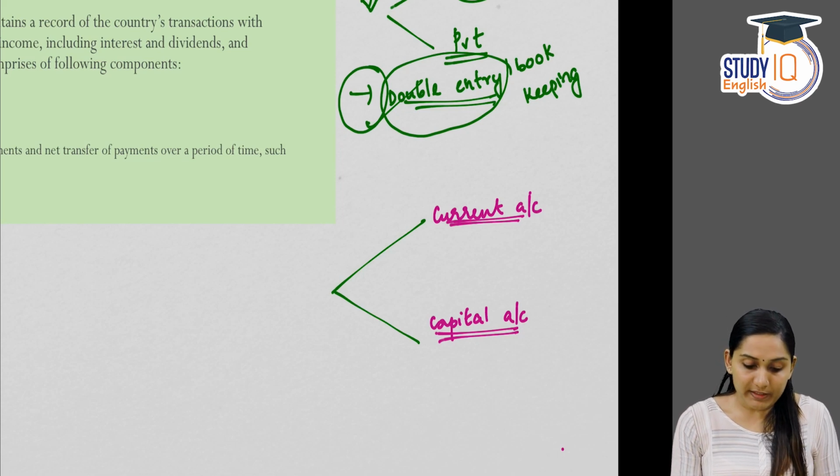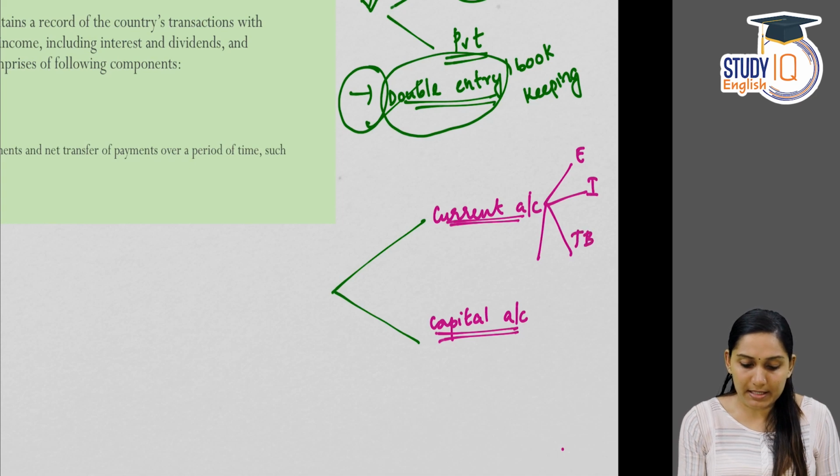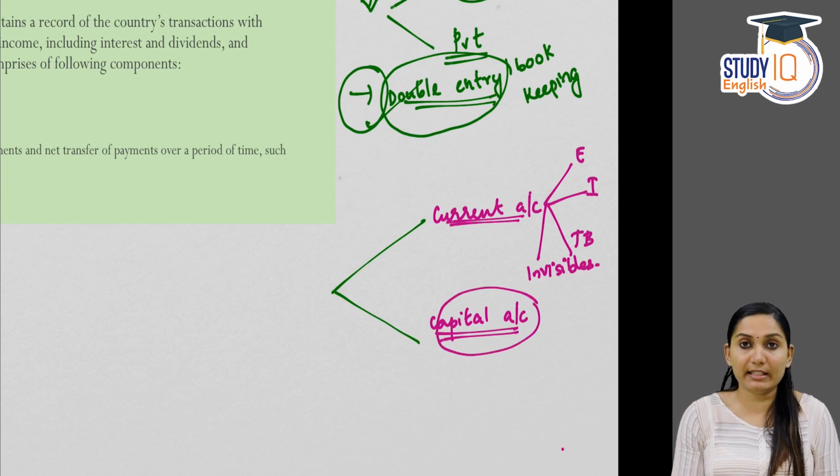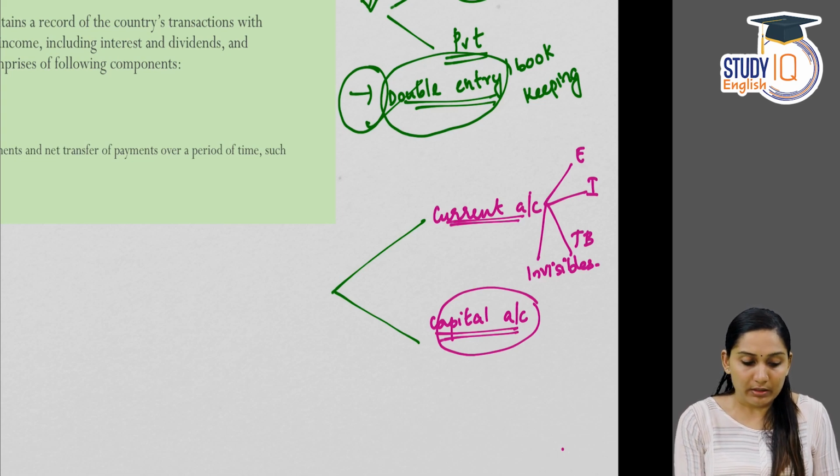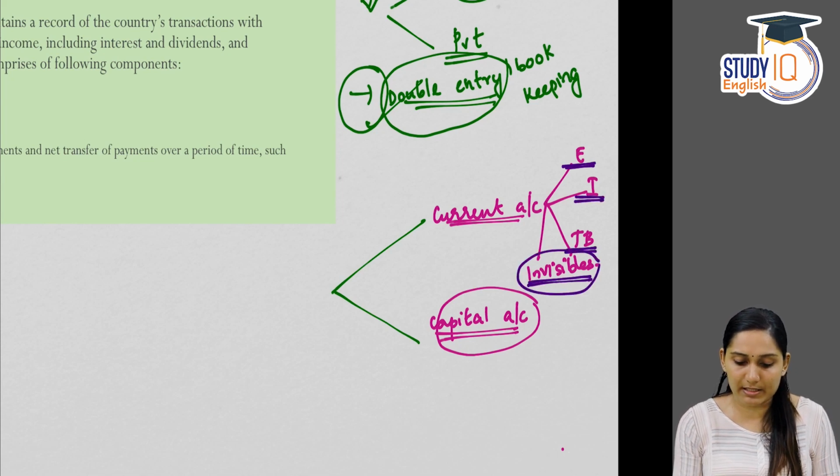Now, within the current account, there are four things: export, import, then trade balance and invisibles. Capital account I am not discussing now. Definitely I will be discussing capital account in detail. So in the current account there are four components. One is export, another one is import, another one is trade balance and another one is invisibles.